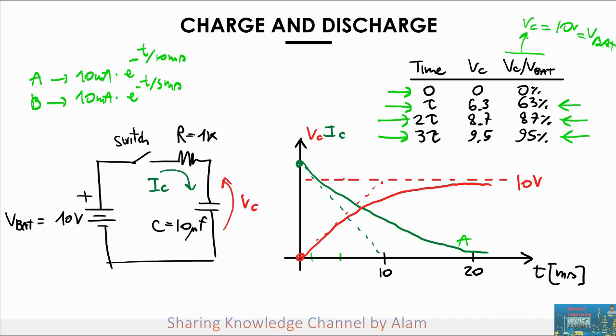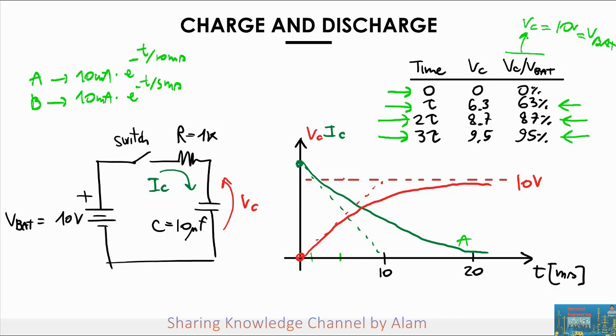If you want it to be more accurate, you can go further. You can use four time constants, and of course the more time constants you add, the closer and closer you get to the final value. But as we've seen before, and as you can tell from the graph, the amount of percentage points that you gain for each additional time constant becomes smaller and smaller because you're approaching 100%. With one time constant you get 63% already.